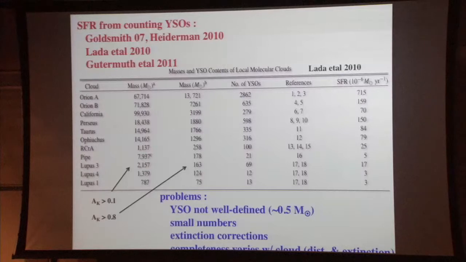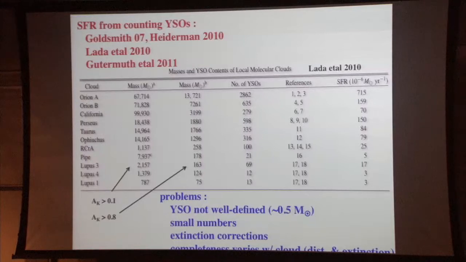Now this all sort of sounds like this is going to be the most precise technique for measuring star formation. But I would argue it actually has a number of problems, which are YSOs are really not well defined. The way they derive the star formation rate is to say, order of magnitude, the YSOs have a mean mass of about 0.5 solar masses.